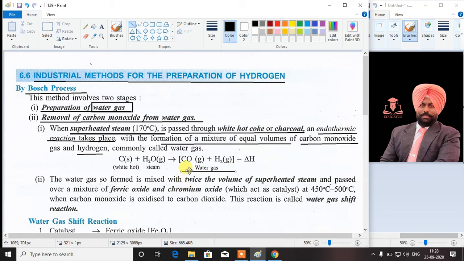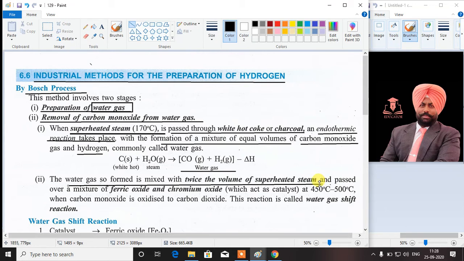Now, we have to remove this carbon monoxide to get pure hydrogen. For removing the carbon monoxide, we have to mix the water gas with twice the volume of superheated steam. Means we have to mix the water gas with steam, which should be double the quantity of water gas, and it should be superheated.